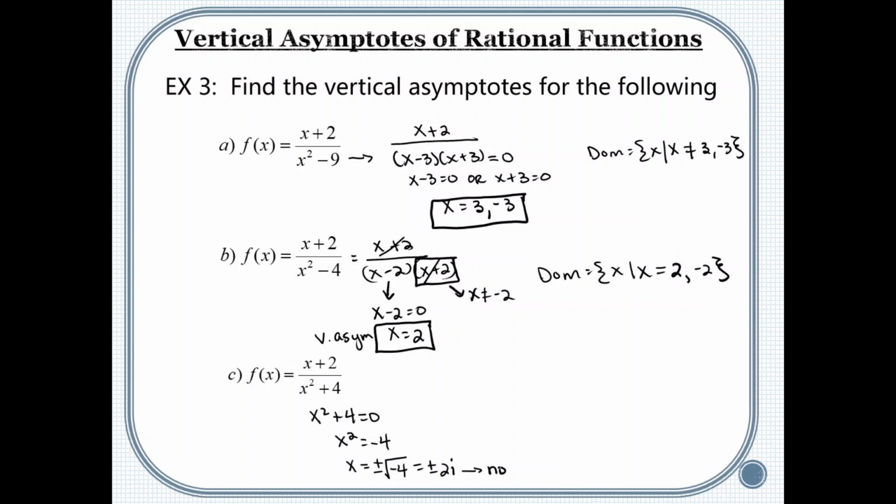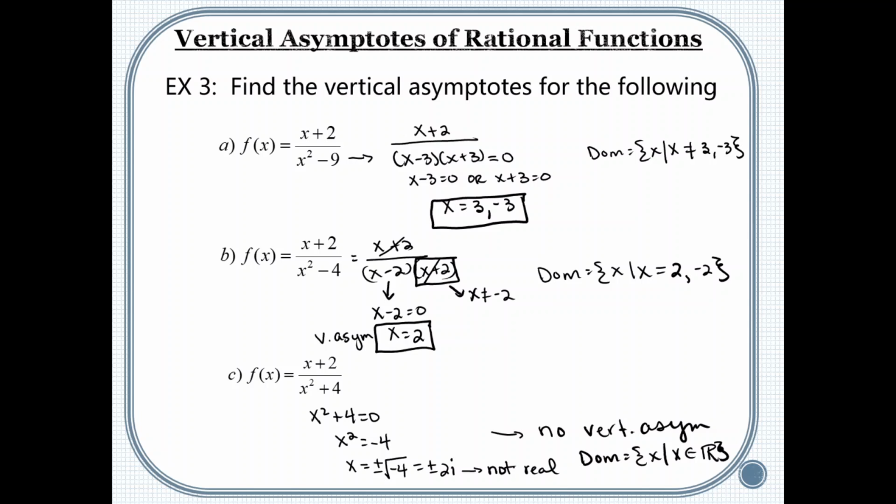Because this is imaginary and not real, there are no vertical asymptotes, which means the domain would simply be all reals.